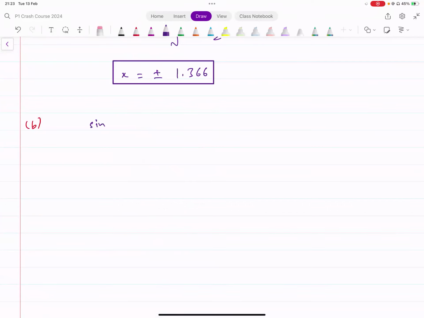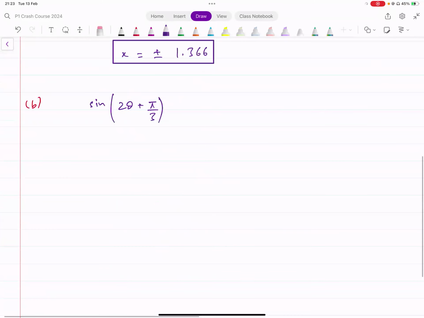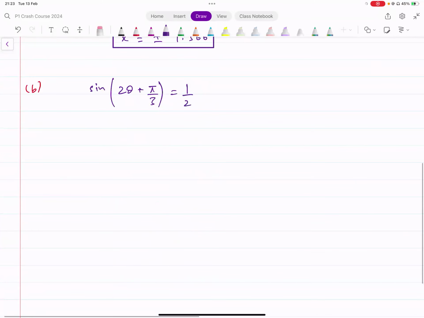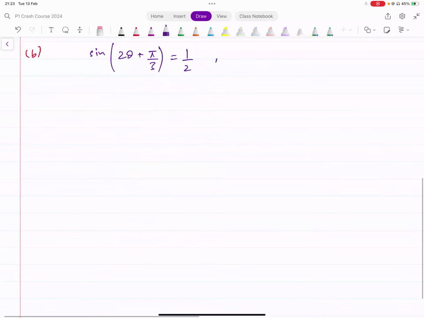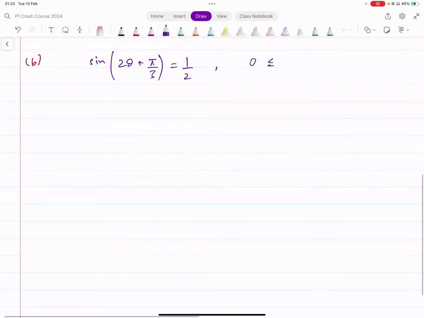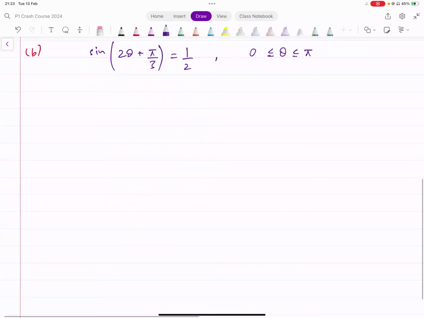Sine of 2 theta plus pi over 3 equals 1 over 2. And theta is between 0 and pi. Okay, this is the equation that we need to solve now.